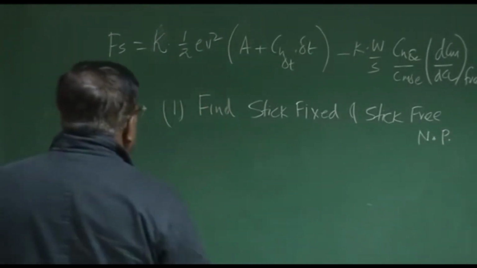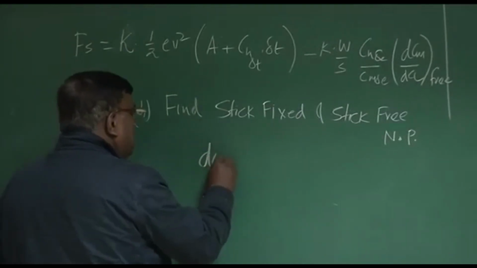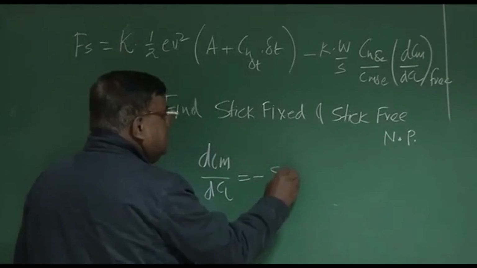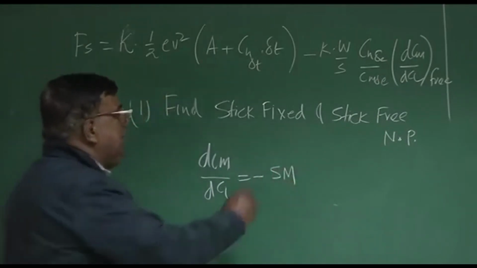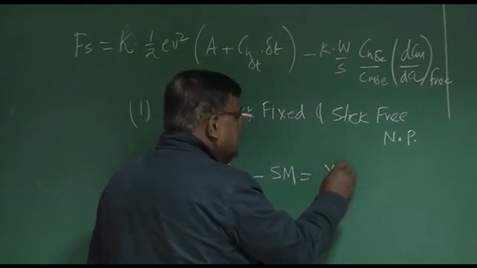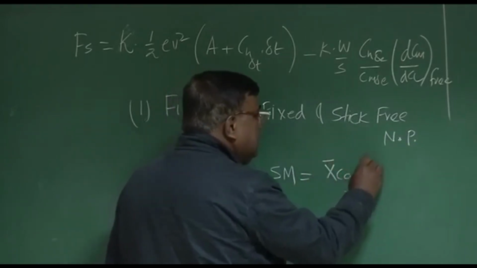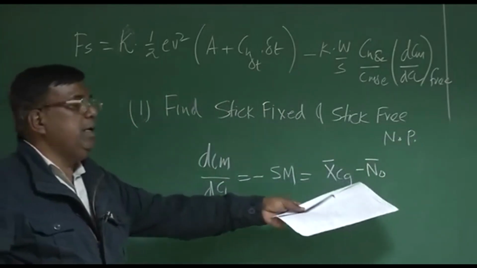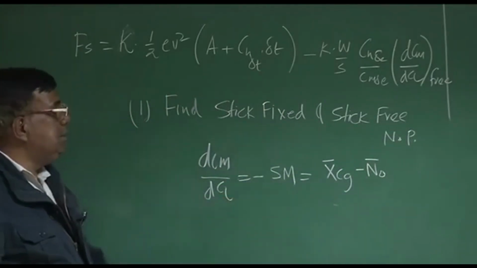You know that dCm by dCl is nothing but minus static margin, which is nothing but xcg bar minus n naught bar, because static margin is n naught bar minus xcg bar, so the minus sign I have absorbed like this.